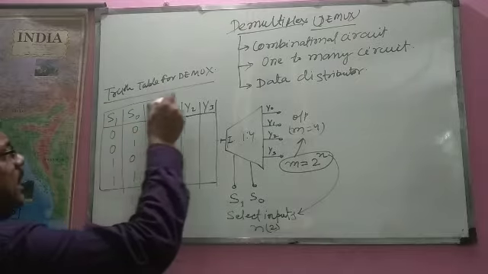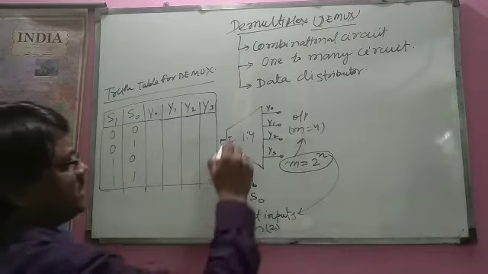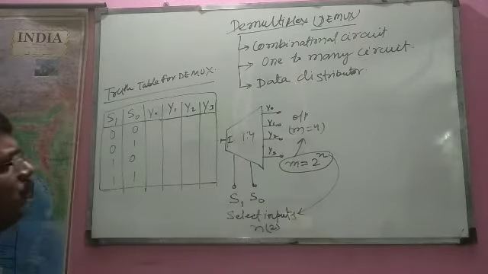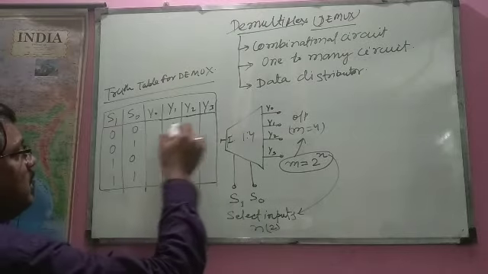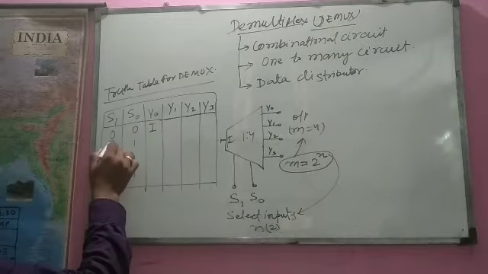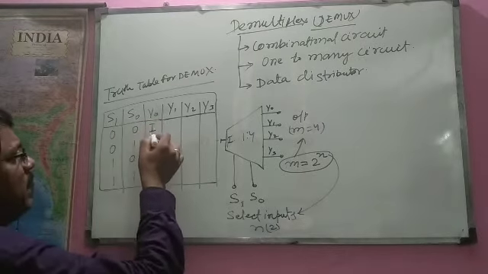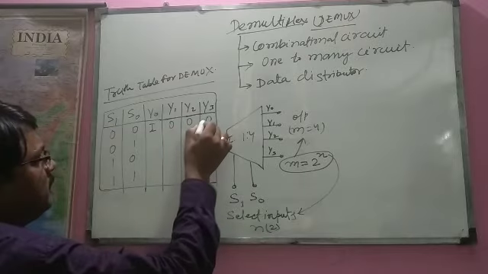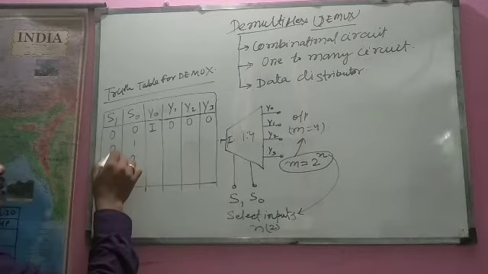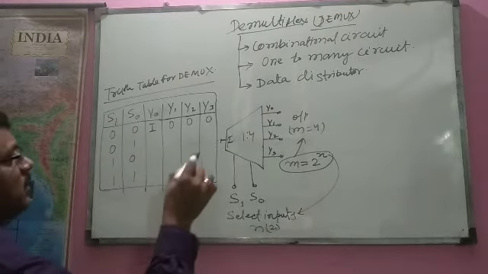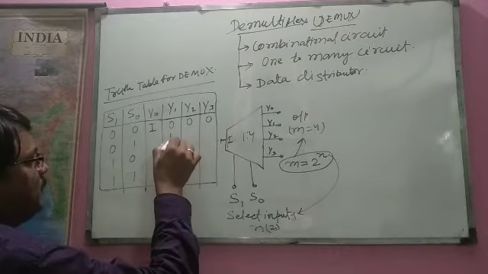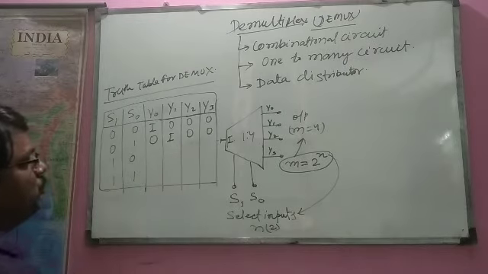This input will be connected to this output and all the remaining outputs will be 0, means Y0 will be I. When S1 and S0 are 0, 1, this will connect to Y1, so Y1 will be I and the remaining outputs will be 0.